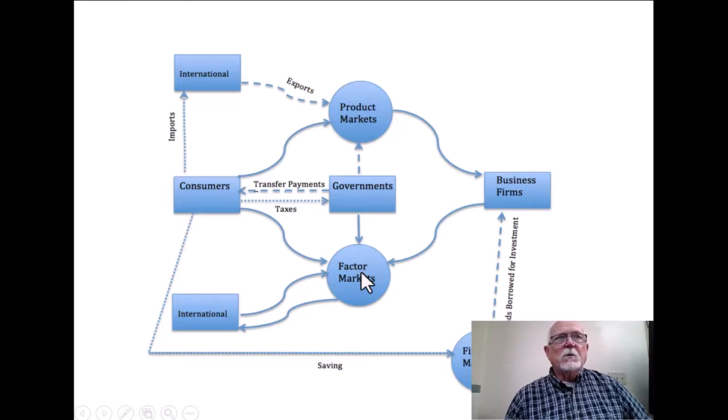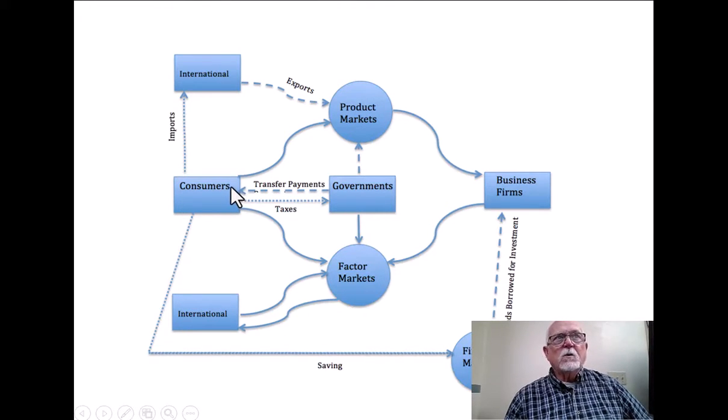But then there are also other flows. For example, consumers don't get to use all the dollars of their income for making purchases. They have to pay taxes. And there are transfer payments from government back to consumers and from one consumer to another, but we aggregate all that.